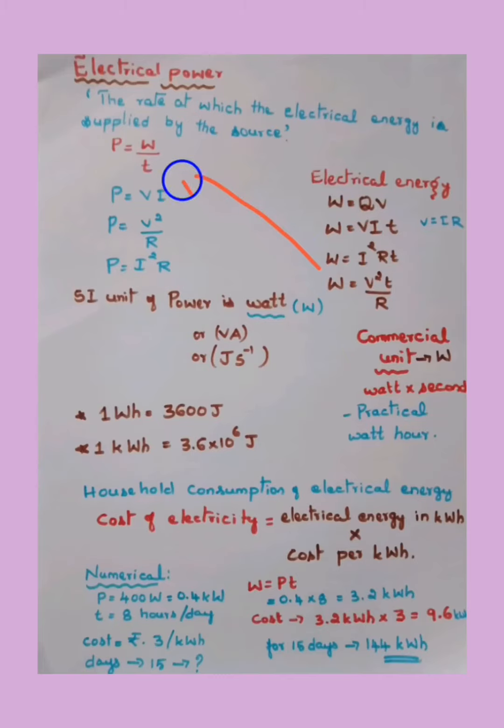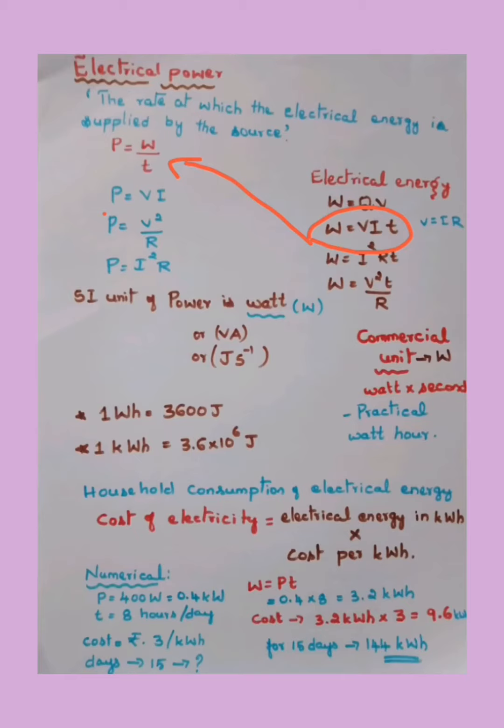Moving back to power, P is equal to W by T, and substituting the value W is equal to V I into T in this formula, we get P is equal to V into I. T will cancel.